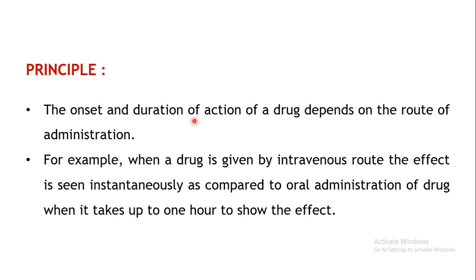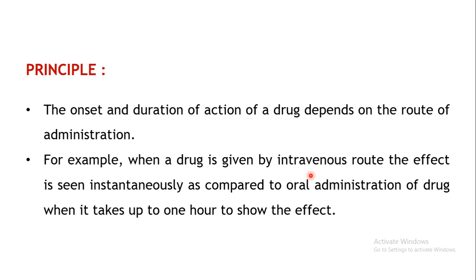Both these properties depend upon the route of administration. For example, any drug administered by parenteral route is placed either directly into your systemic circulation or in the vicinity of the blood vessels, so that it quickly enters your blood circulation and shows much quicker action.